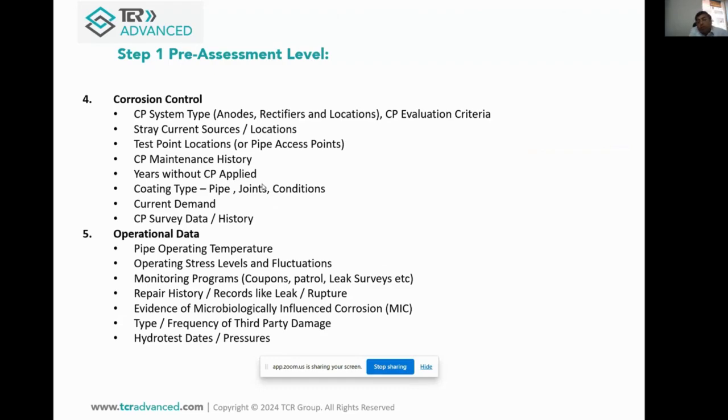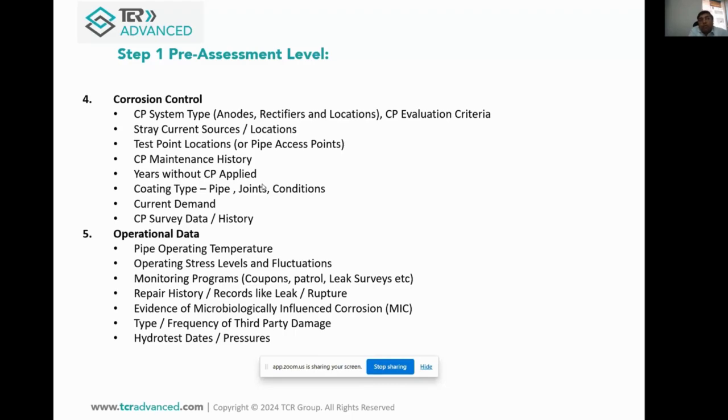There are several types of anode bed. On a cross country pipeline of 500 to 600 kilometers, you would typically have 15 to 20 CP stations, cathodic protection stations, each having a different type of anode bed, like shallow vertical, shallow horizontal, or deep well type. So you need to have that type of data.